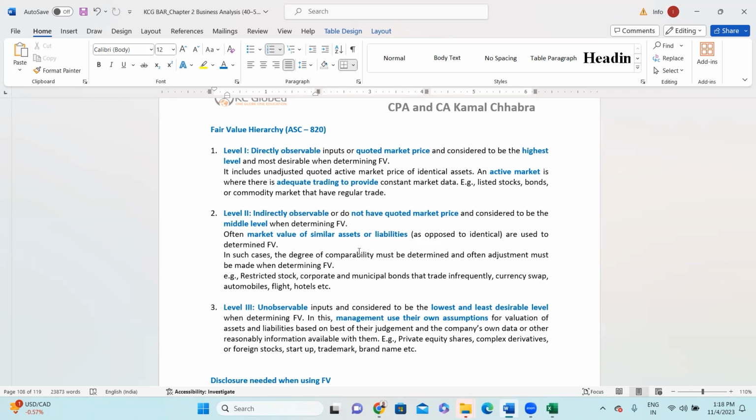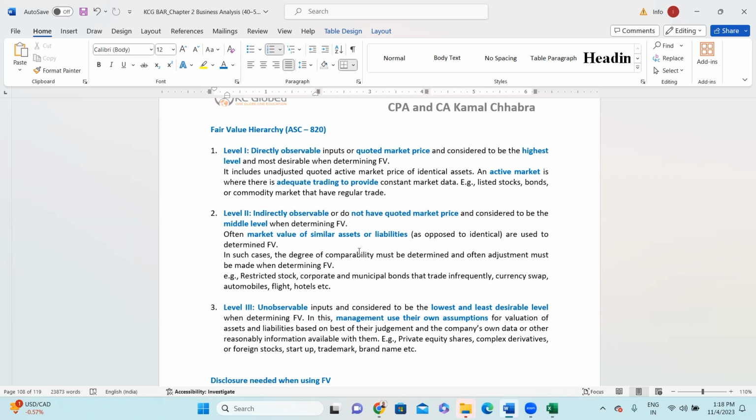Next, the third one is level 3, which is unobservable. Unobservable means you neither have a market in which the respective stock is actively traded where you can check the price. For example, purchasing the share of Tesla is very easily available on the market. Purchasing the share of Amazon or any such big company like Salesforce, Google, any such company in the US, right?